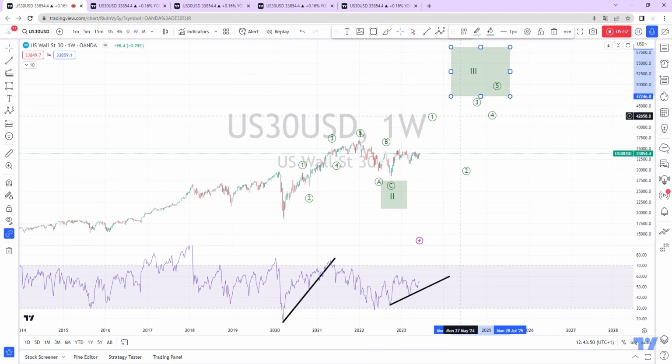As you can see, we need 5 waves up to do this, and we are only at the beginning.